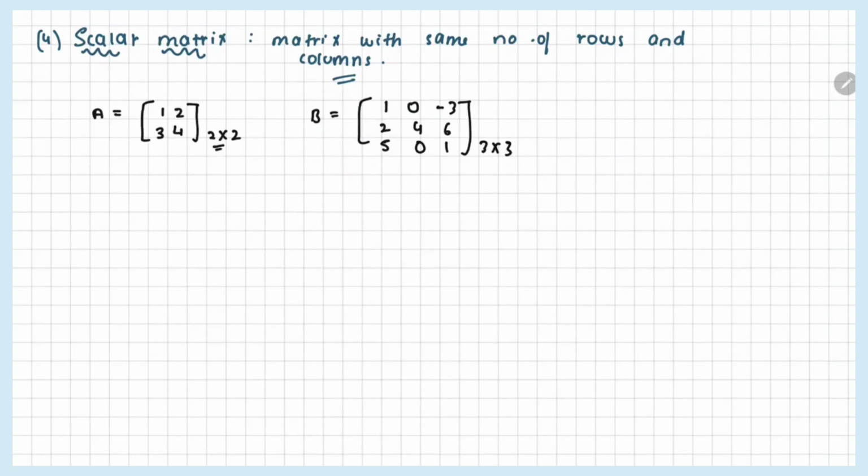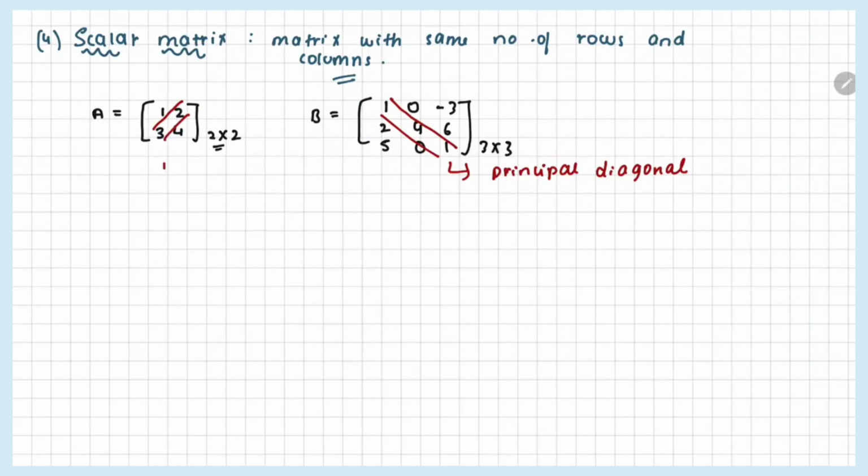There is one more important thing here. Just look carefully. These elements 1, 4, 1 are called the principal diagonal. If they ask whether 2 and 3 are the principal diagonal, because it is in a cross way, they can ask that.